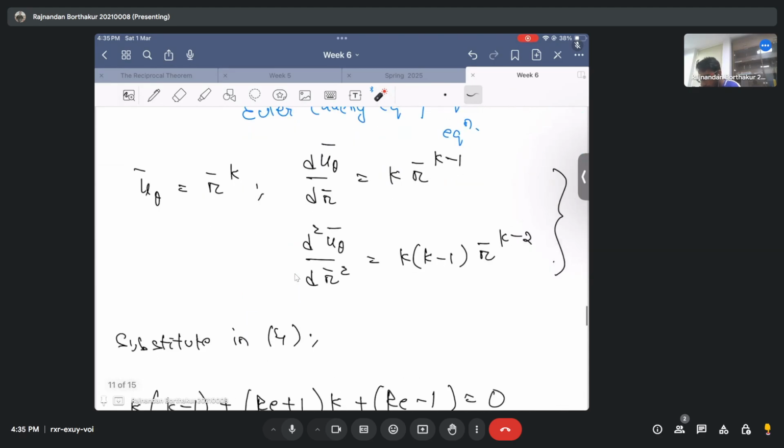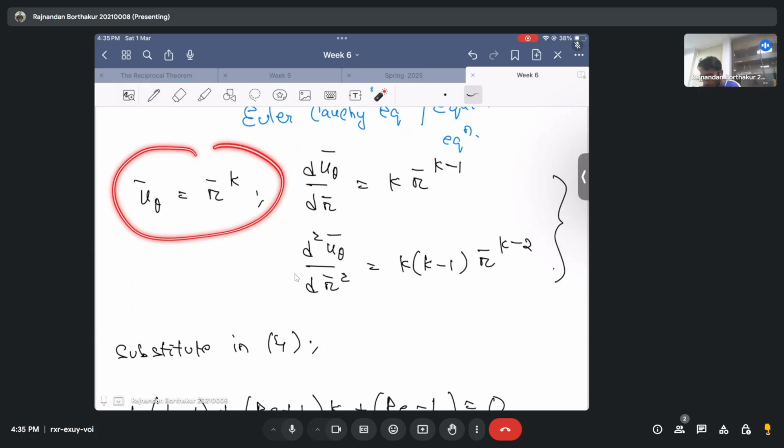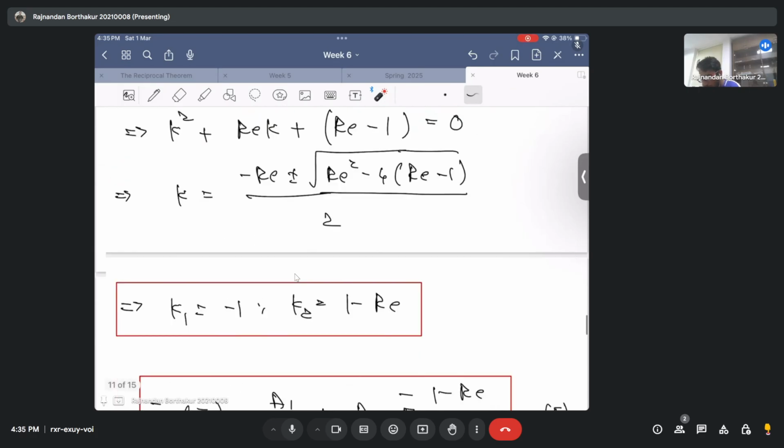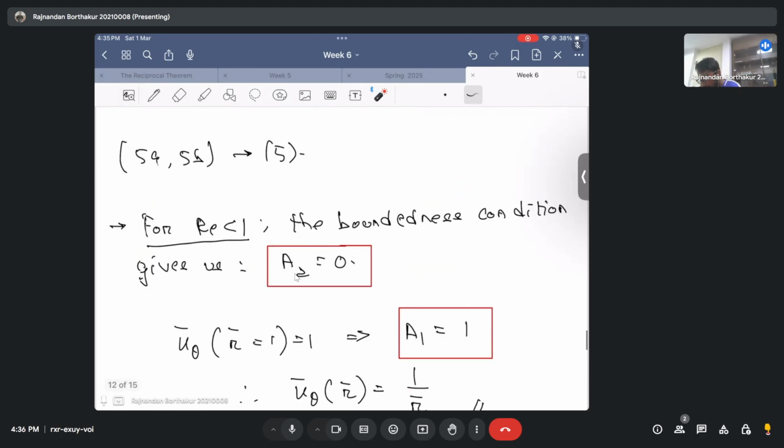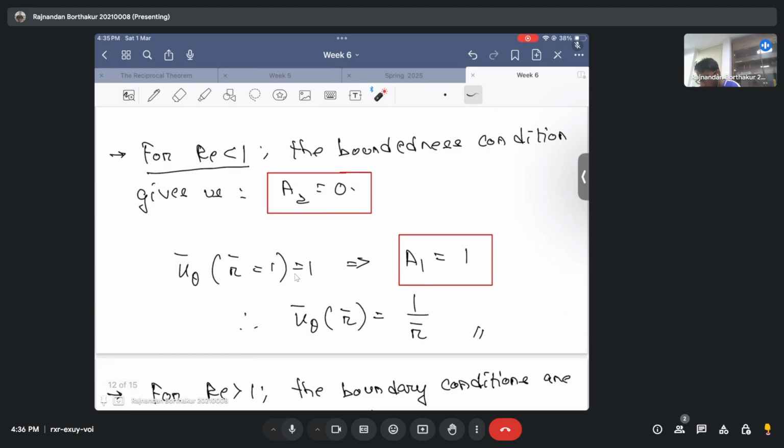We took the solution form of u theta as r bar to the power k to solve this Euler-Cauchy equation. Then we argued that under a certain range of Reynolds number we can get unique solutions, and beyond that Reynolds number unique solutions are not possible. The critical Reynolds number came to be equal to 1. And for Reynolds number equal to 1, u theta came out uniquely to be 1 by r bar.